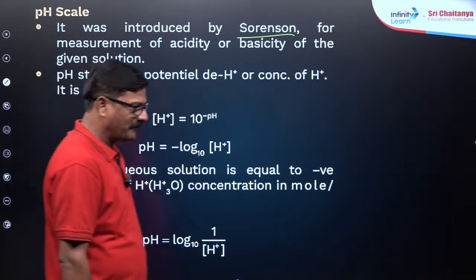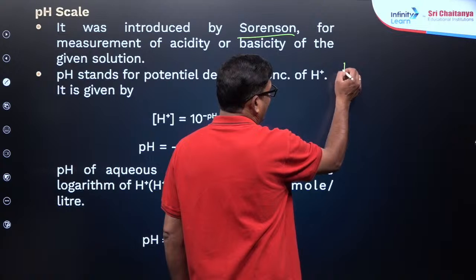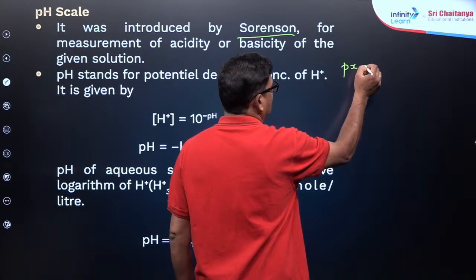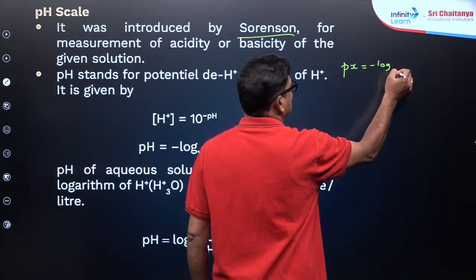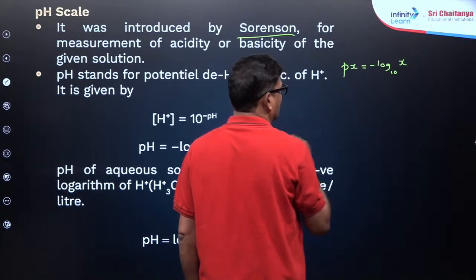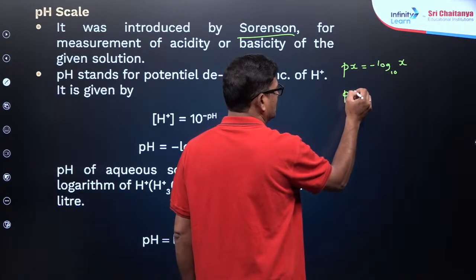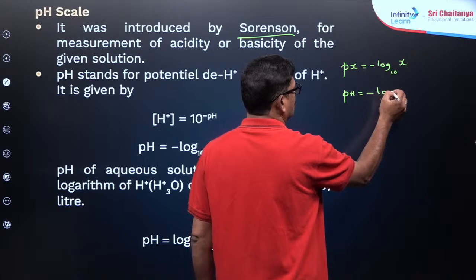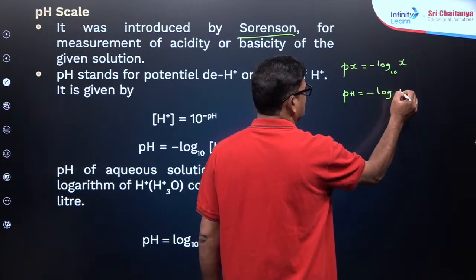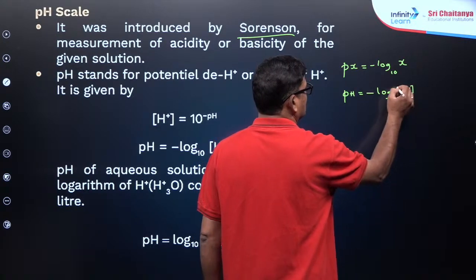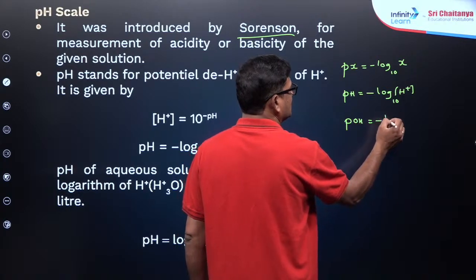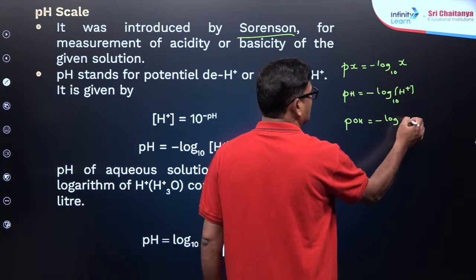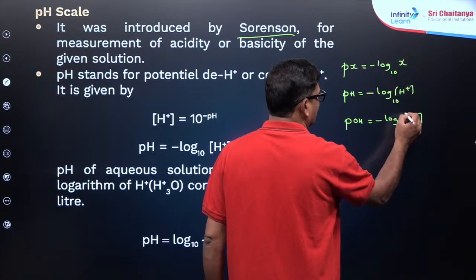So mathematically, pX is equal to negative logarithm to the base 10 of the X value. So pH is equal to negative logarithm to the base 10 of H plus concentration. Similarly, pOH is equal to negative logarithm to the base 10 of OH minus concentration.